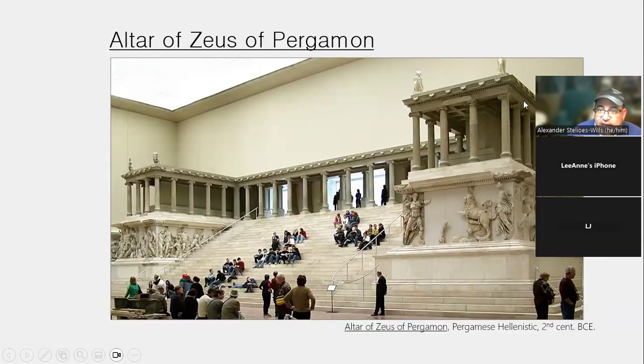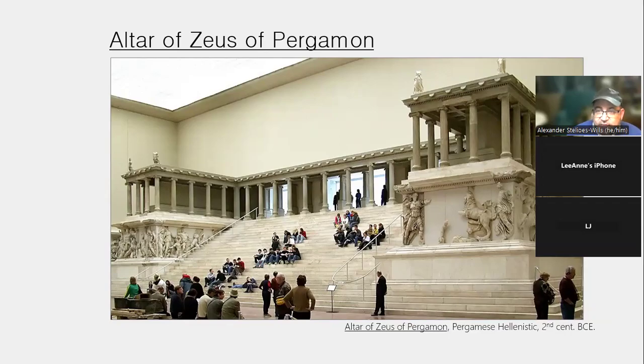And you can see that it's using Ionic columns, but it's taking some liberties with the Ionic system. Like the spacing here is not how in classical Greece they would have done the spacing. It was a little bit more open, especially on the front. The frieze is way more dramatic. It's definitely building off some of the things on the Parthenon.